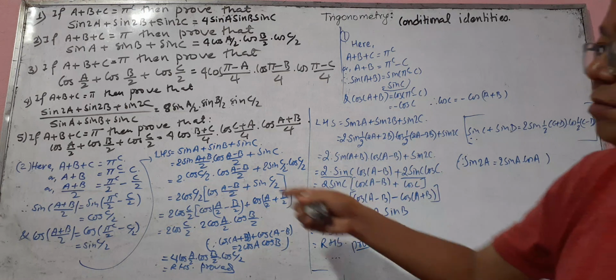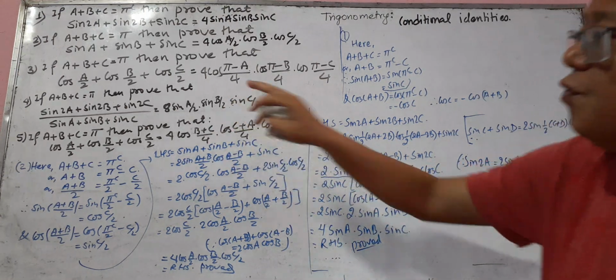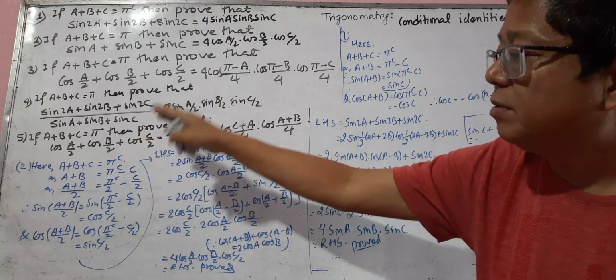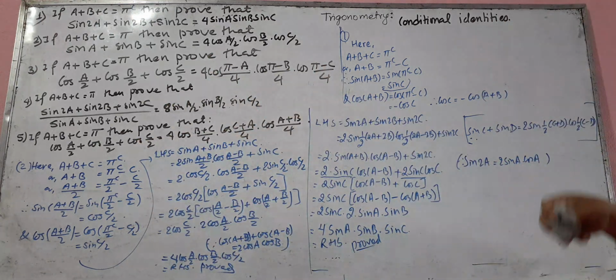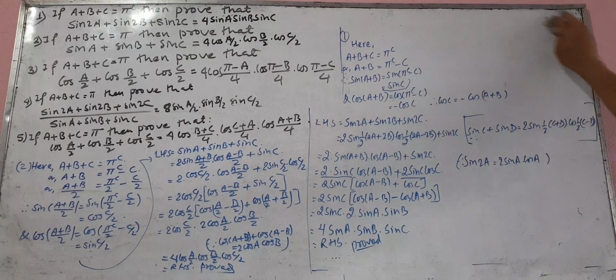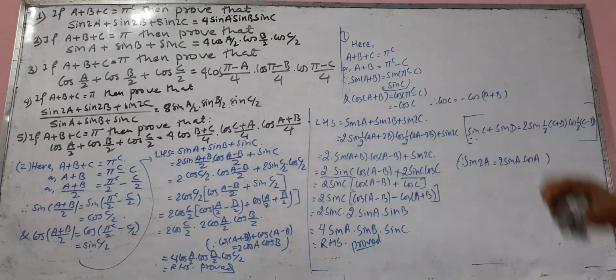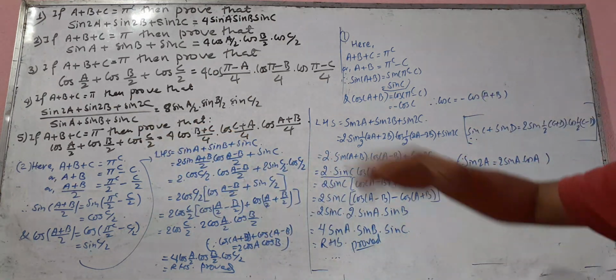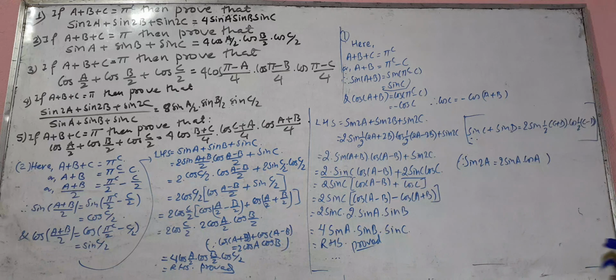Now let us see question number 4. Okay, this question number 4 is related to question number 1 and 2. I have designed it in such a way. So in question number 4, what do we have? We solve question number 4 instead of 3.